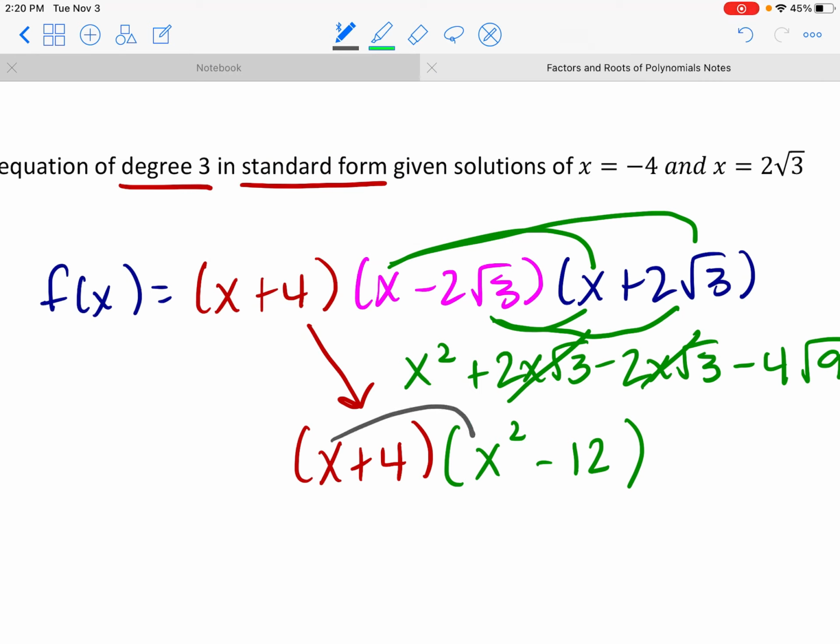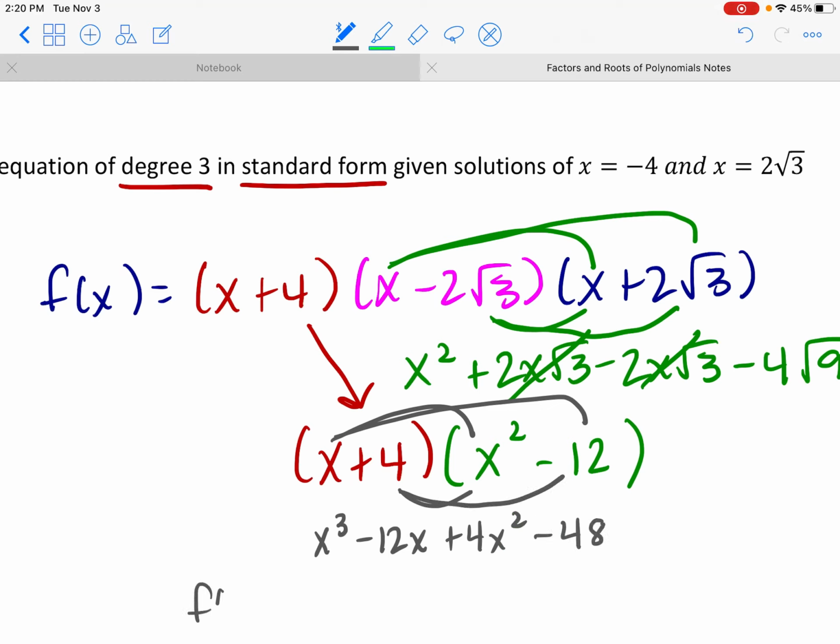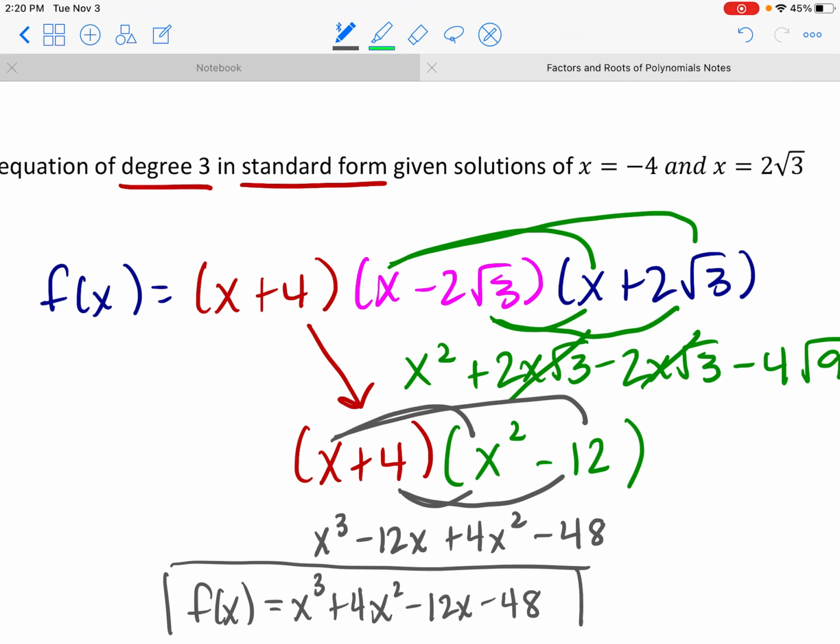So we have x times x squared, which is x cubed, and then x times negative 12, which is negative 12x, 4 times x squared, which is a positive 4x squared, and then 4 times negative 12, which is a negative 48. So our standard form, we're going to say f of x is going to be equal to x cubed plus 4x squared minus 12x minus 48. And there it is. That is our standard form.